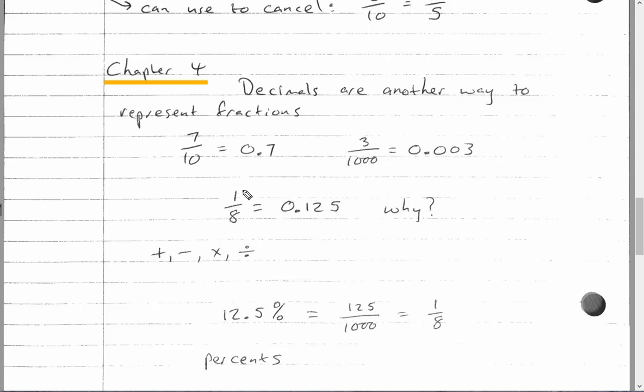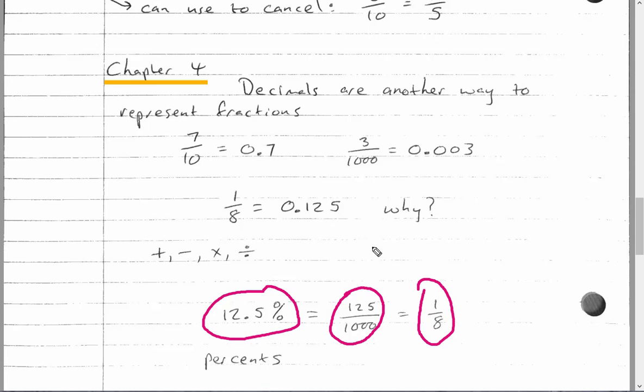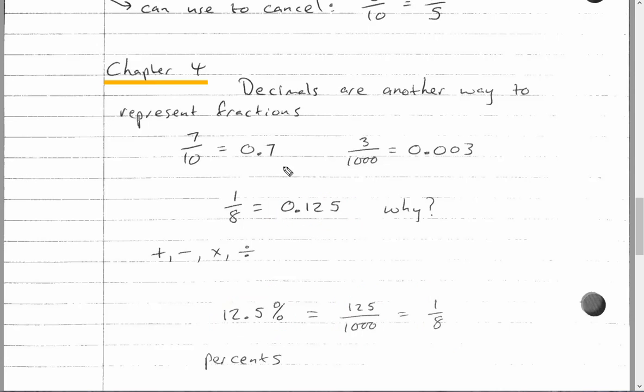So in fact, these are all representations of the same number. We're looking at numbers from all different angles, but these are all really the same number. So that makes it confusing.